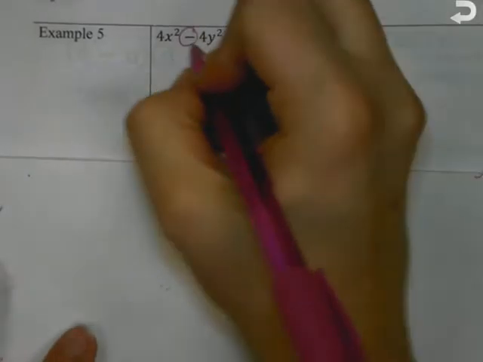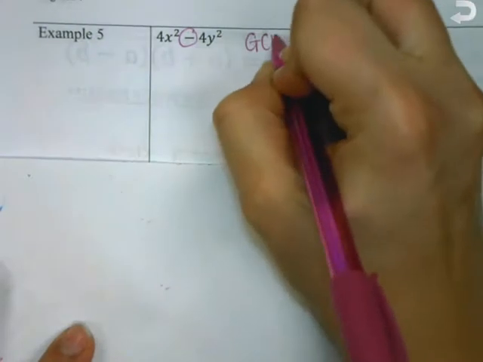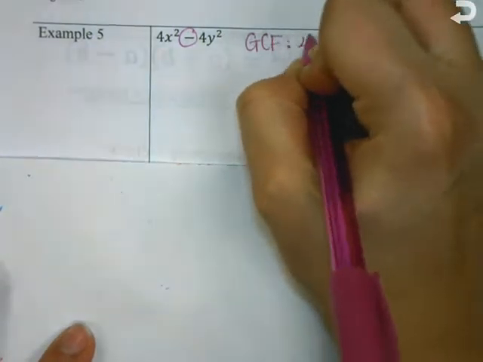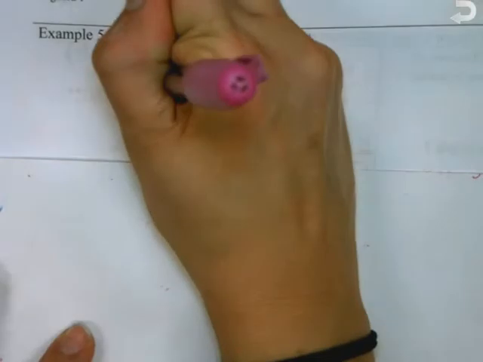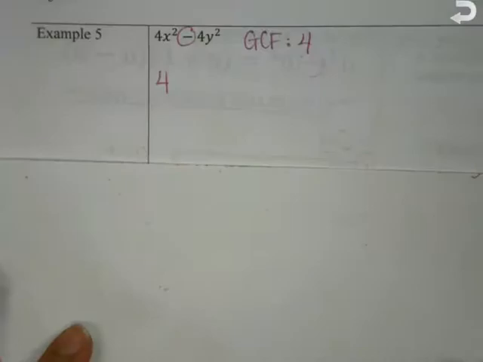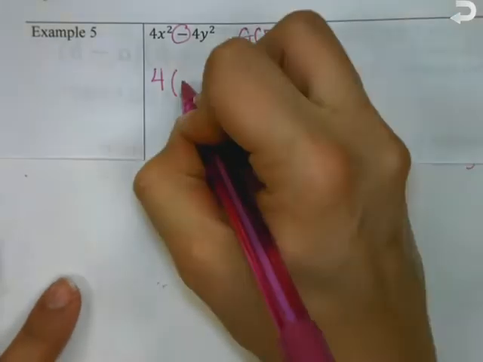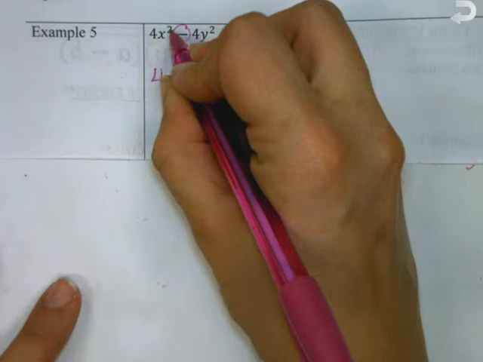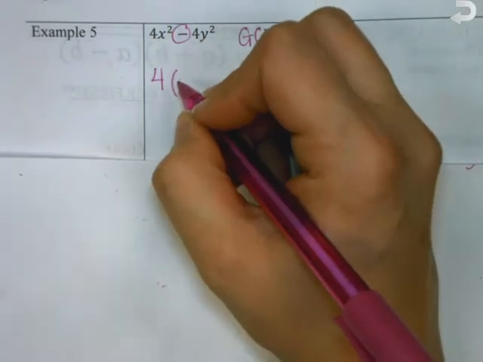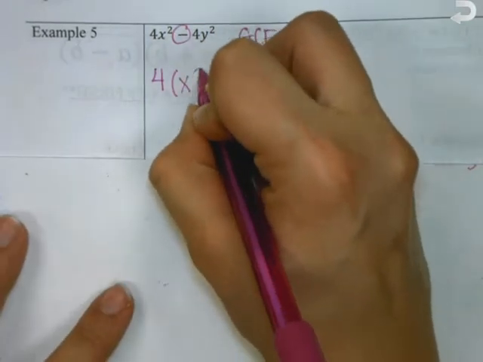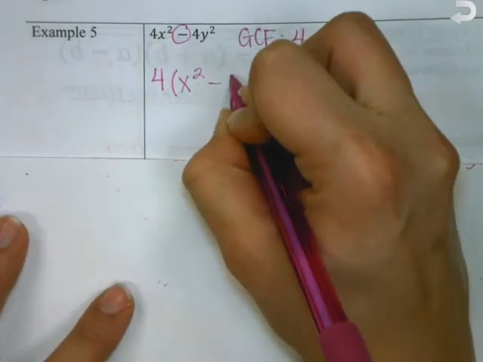So remember how we do that. We factor out a 4. And then what would be left inside the parentheses? If I have a 4x squared and I take out a 4, what's that? X squared minus y squared. Okay, now look at what's left over. Do you guys think we're done?